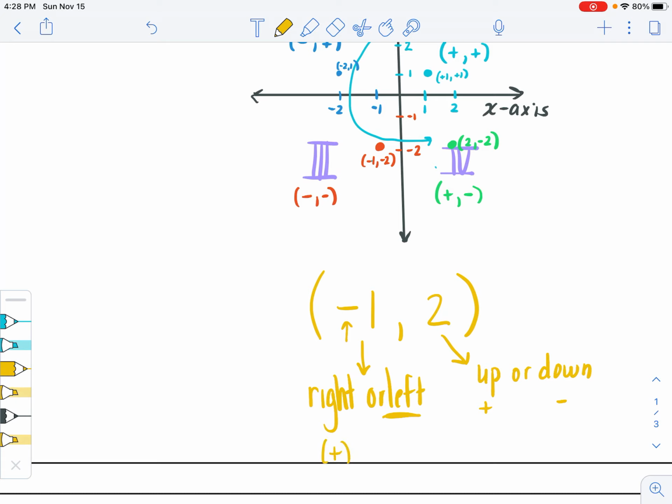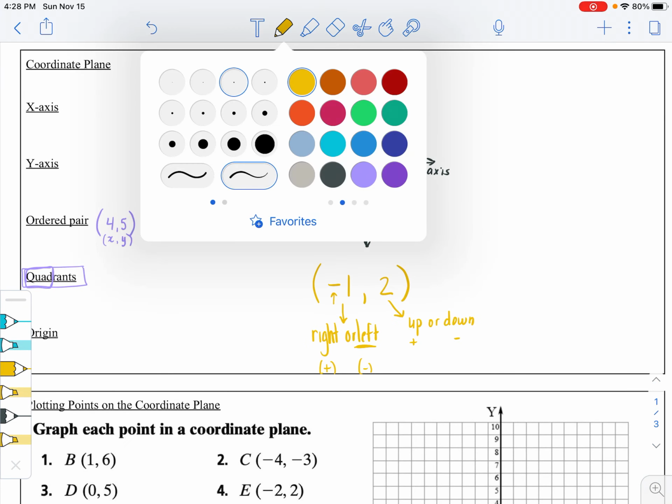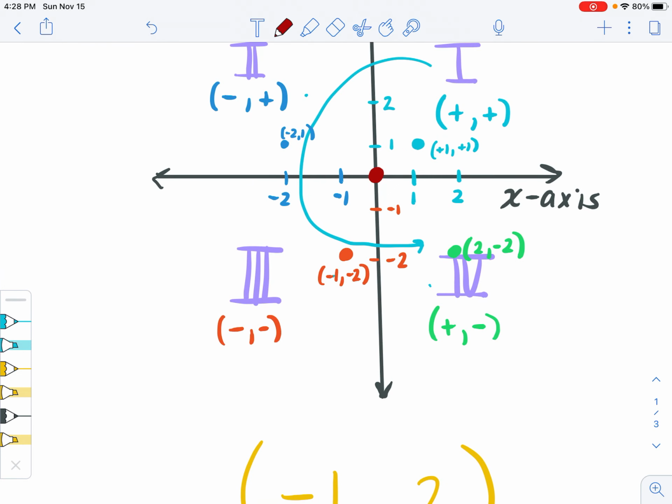It goes right if it's positive, left if it's negative, up if it's positive, down if it's negative. So our first number is always left or right, and then up or down. And the last thing we're going to talk about is the origin. The origin is the center, where the x and the y value meet, and the origin is (0, 0).